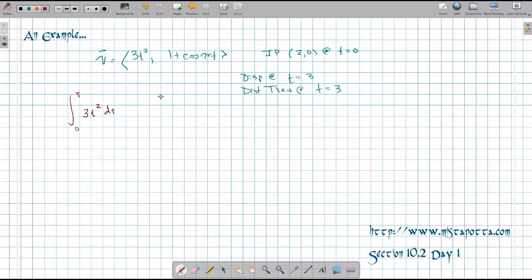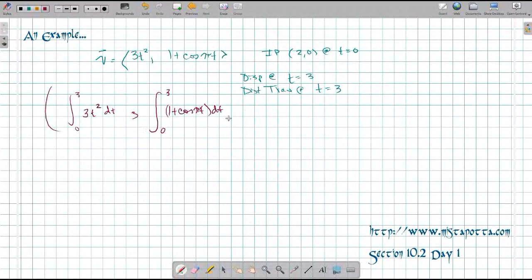And then I'm also going to find the integral from 0 to 3 of 1 plus cosine pi t dt. That's going to allow me to find my vertical position.